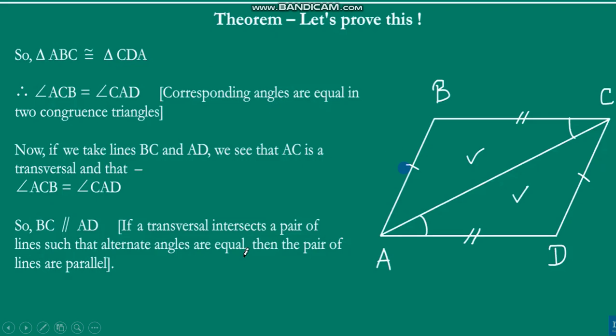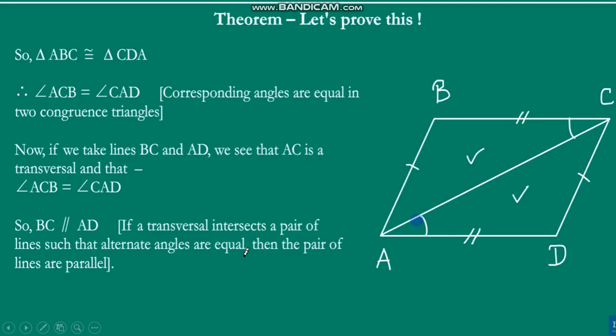In the last class we discussed that if two triangles have corresponding angles and sides equal, then the two triangles are congruent by a congruence rule. Is it right? So triangle ABC is congruent to triangle CDA, therefore angle ACB is equal to angle CAD.